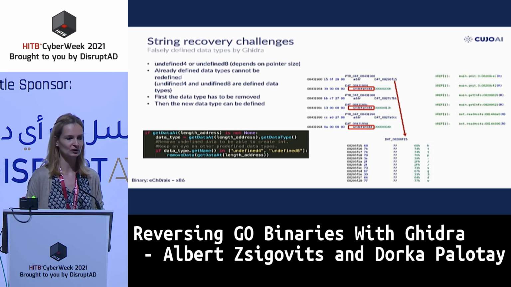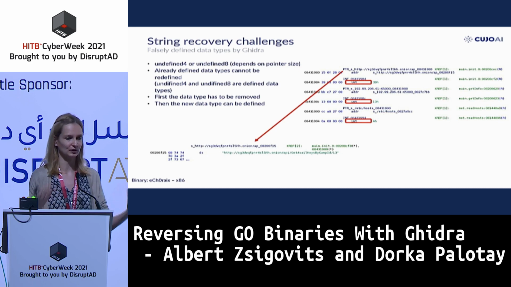So if we want to create an integer there, first we have to remove the undefined data type, and then we can create the integer. Here, for example, our script would fail because I cannot create integers and pointers, since there is already something else there. But if we first remove the something else, then it will be easy to create what we need.